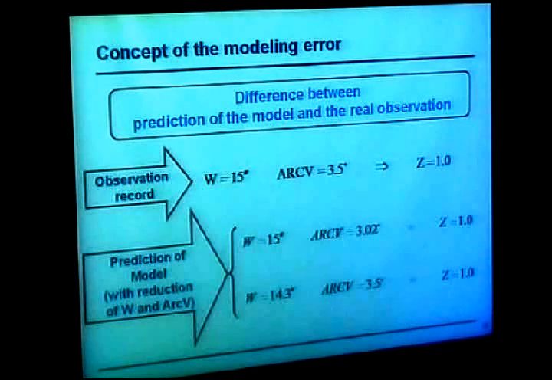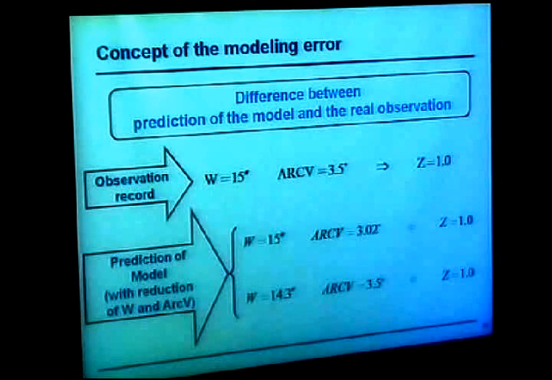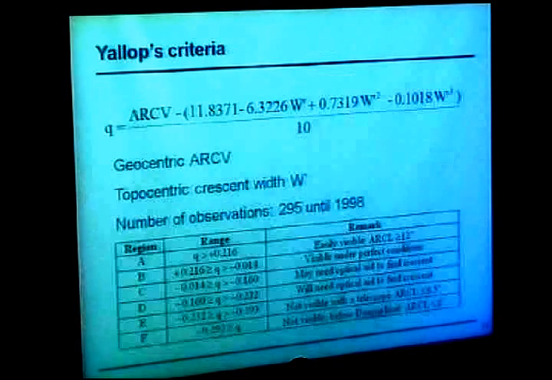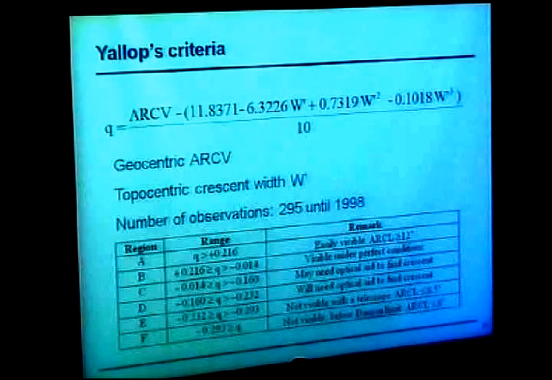But the prediction of the model, in agreement with W equal to 15 seconds, gives arc of V 3.02 degrees, but Z equal to 1.